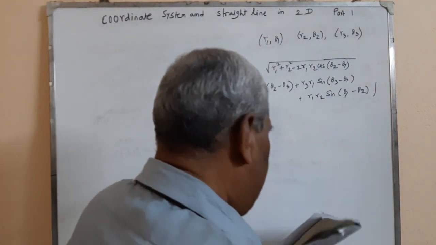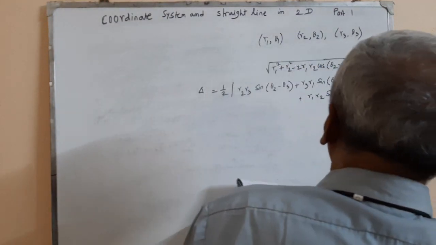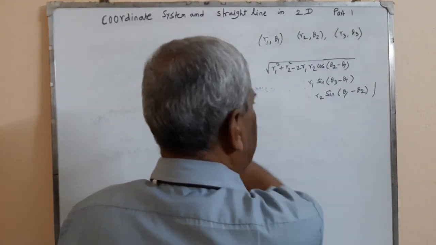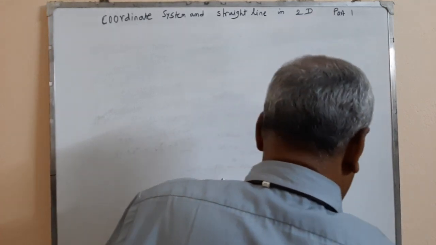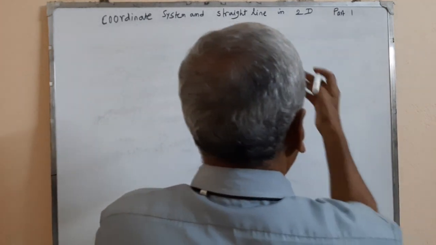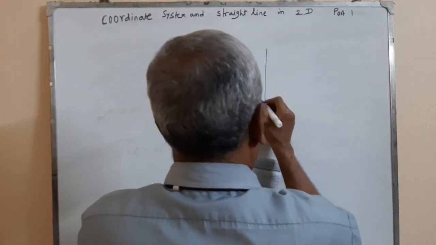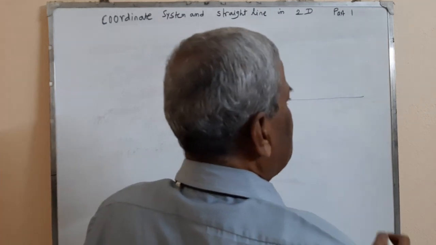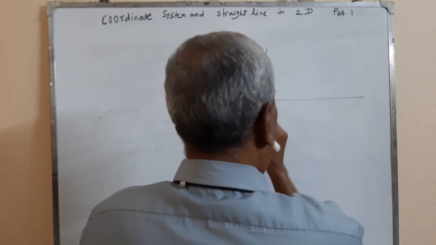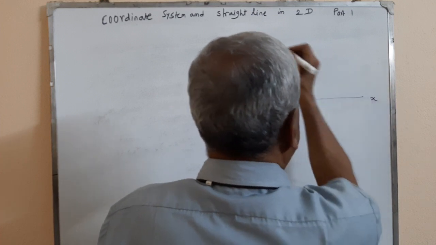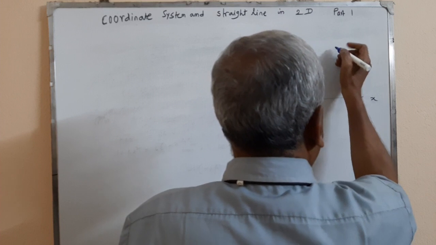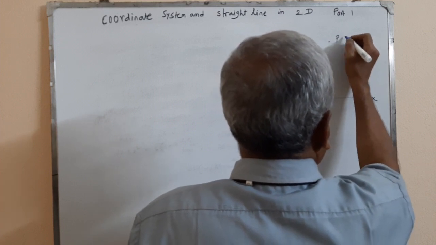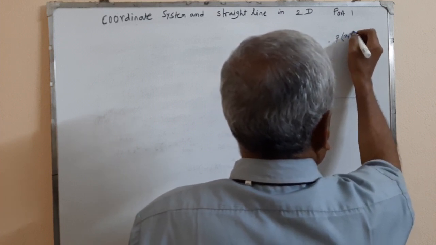The translation of axes without rotation. Let us see what that is. Suppose this is an axis system. O is the origin, with x-axis and y-axis. Any point P is, say, (x, y).